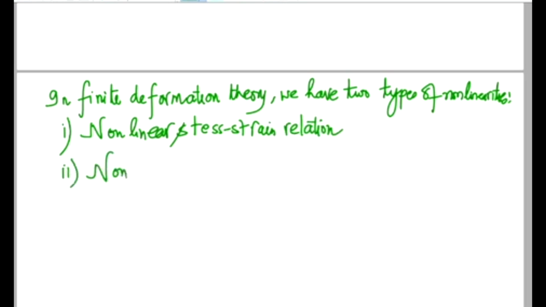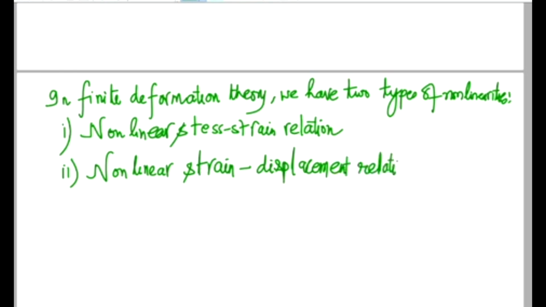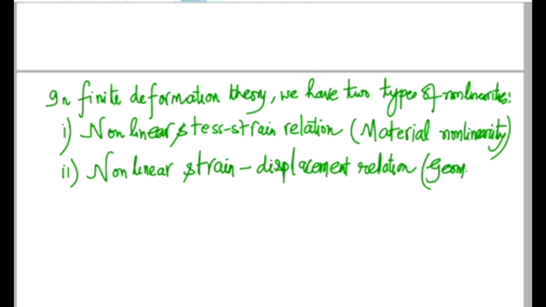And number two, we have nonlinear strain-displacement relation. This first nonlinearity is also called material nonlinearity, whereas the second one is called geometric nonlinearity.